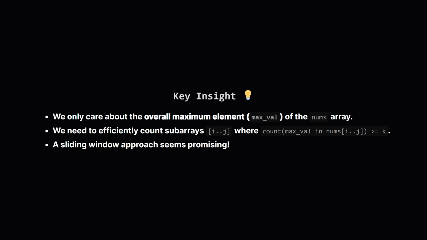So let's rethink. The crucial part is that we only care about the maximum value of the entire original array. Let's find that value first. Once we have it, say it's max_val, the problem boils down to, how many subarrays contain max_val at least k times? This sounds like something we could potentially track as we scan through the array, maybe using a sliding window?